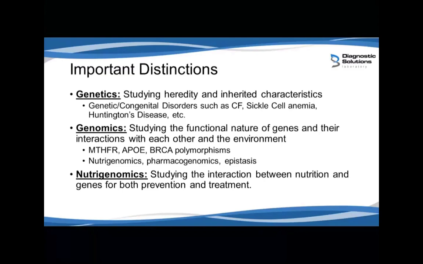Nutrigenomics, for example, is the study of the interaction between nutrition and genes and how they interplay for both prevention and treatment. Pharmacogenomics is how certain medications react to people depending on their genes, and epistasis is how genes interact to turn one another off or on.